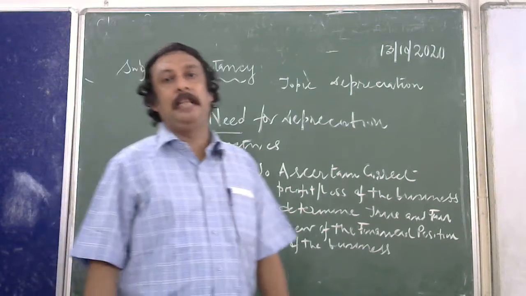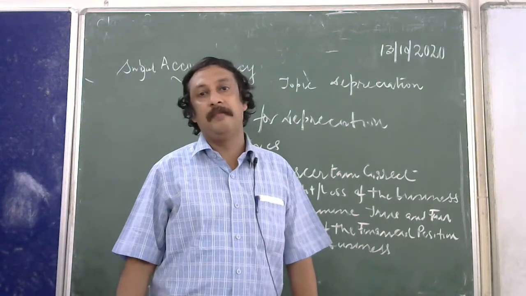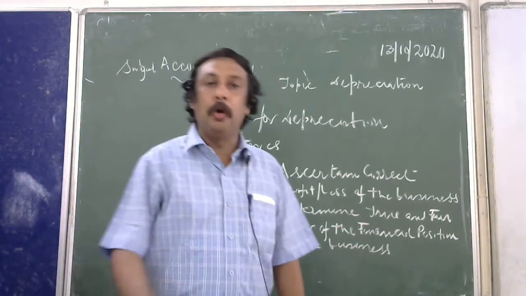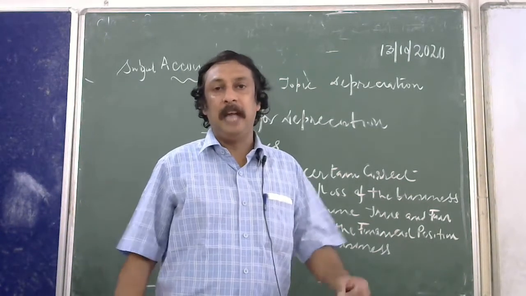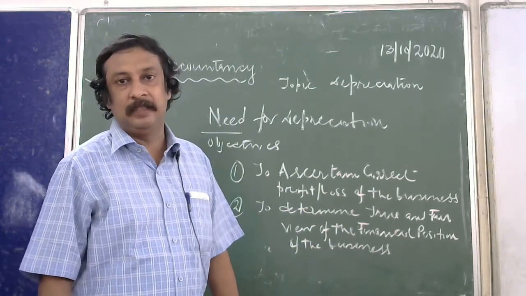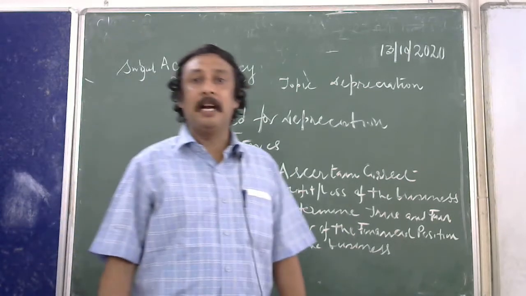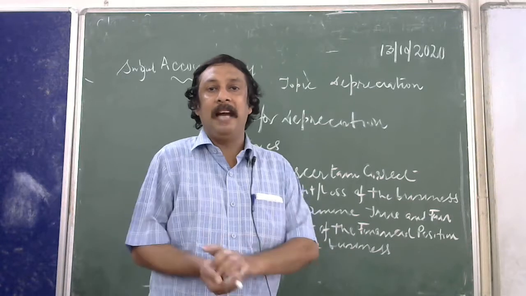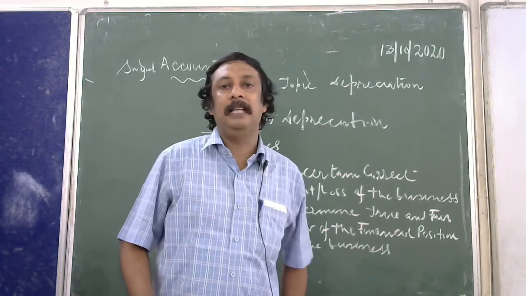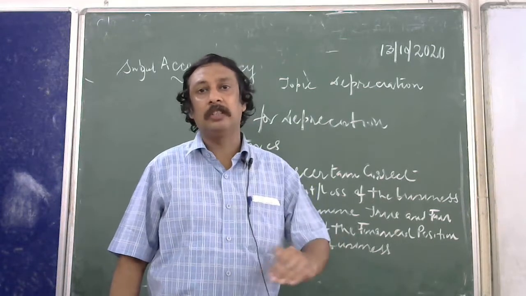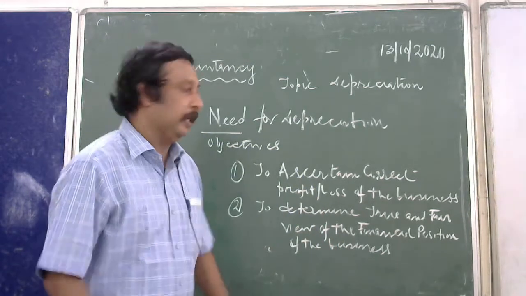That will not depict a true and fair view of the financial position of the business. So, in order to depict a true and fair view, assets are required to be shown in the balance sheet at original cost less depreciation.